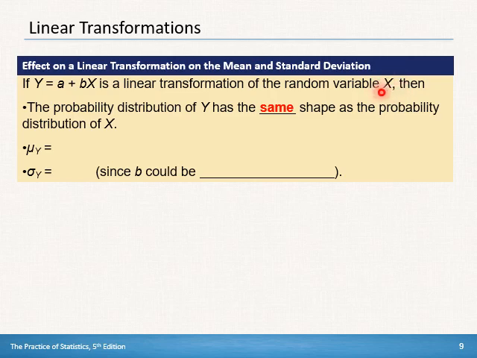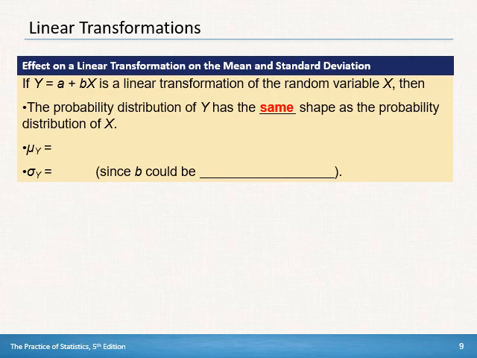How do those change for the random variable y? The probability distribution of y has the same shape as the probability distribution of x. That doesn't change. But how do we calculate the mean, or the expected value, of the new random variable y after we've done this transformation?